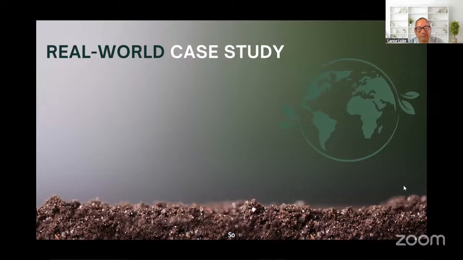So I got information about a real world case study, and then I'll probably give you more information. There was this condominium building that had asphalt connected to a concrete parking deck.